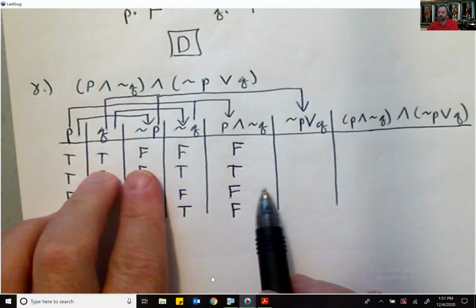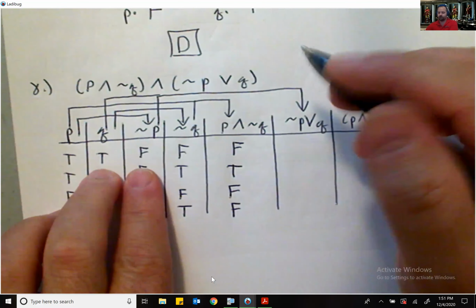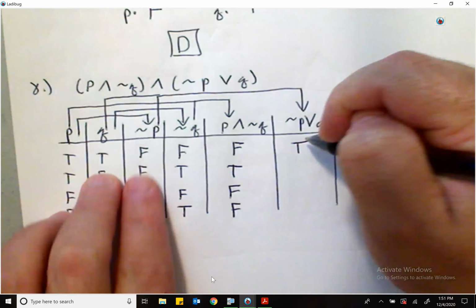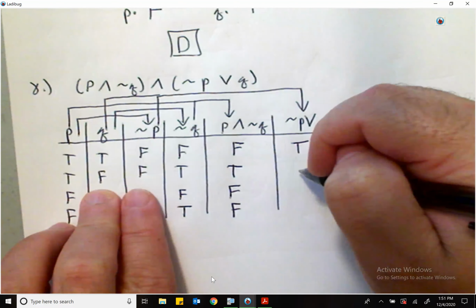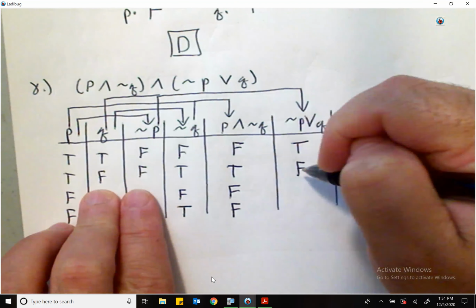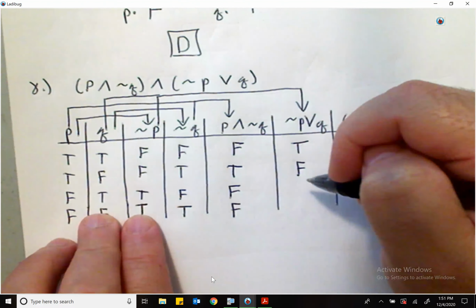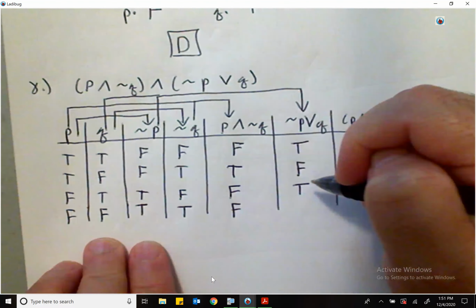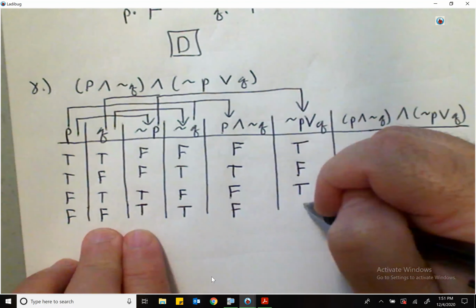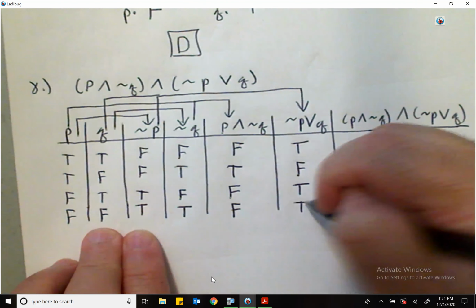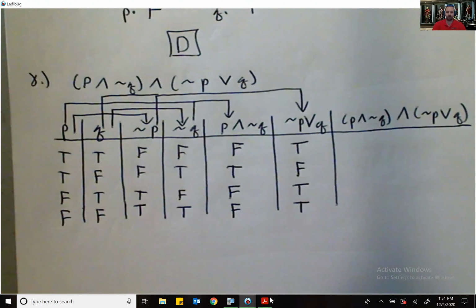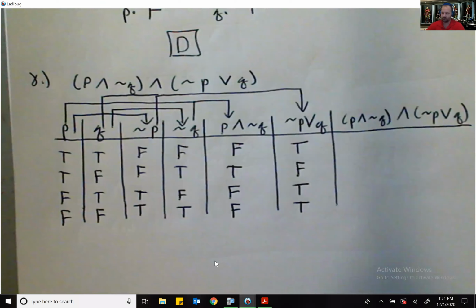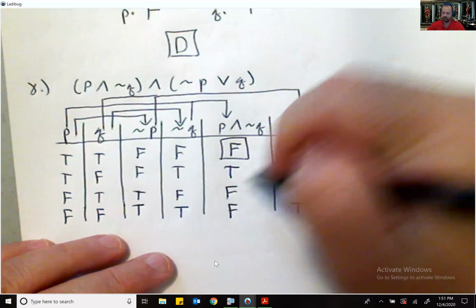So these two. So I got true, false, true; true, false, false, false; true, true, true; false, true, true. Okay. And just so you know, all of these are answers, starting with these two columns.